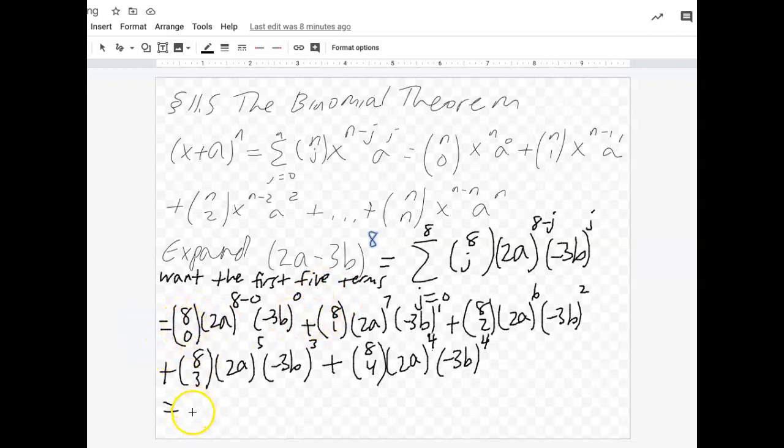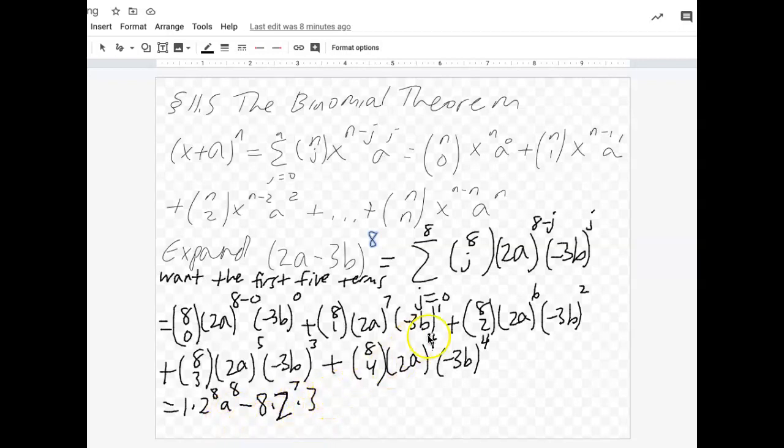So we know 8 choose 0 is going to be 1. So we'll have 1 times 2 to the 8, and then a to the 0, negative 3b to the 0. So then I'll just have a to the 8, minus, because I'm looking at this factor here, negative 3b to the 1. 8 choose 1 is 8 times 2 to the 7, and then times 3, since I put the negative out there.